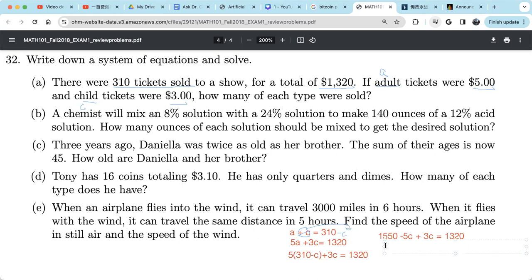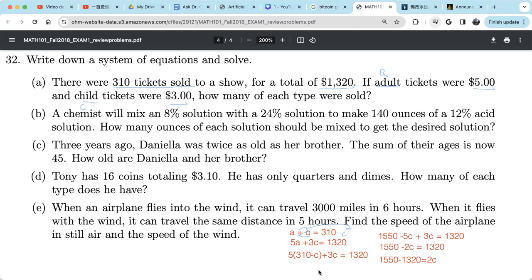So we have 1,550 minus 2C equals 1,320. Now we move negative 2C to the right-hand side, it becomes positive 2C. Then move 1,320 to the left-hand side, it becomes negative.